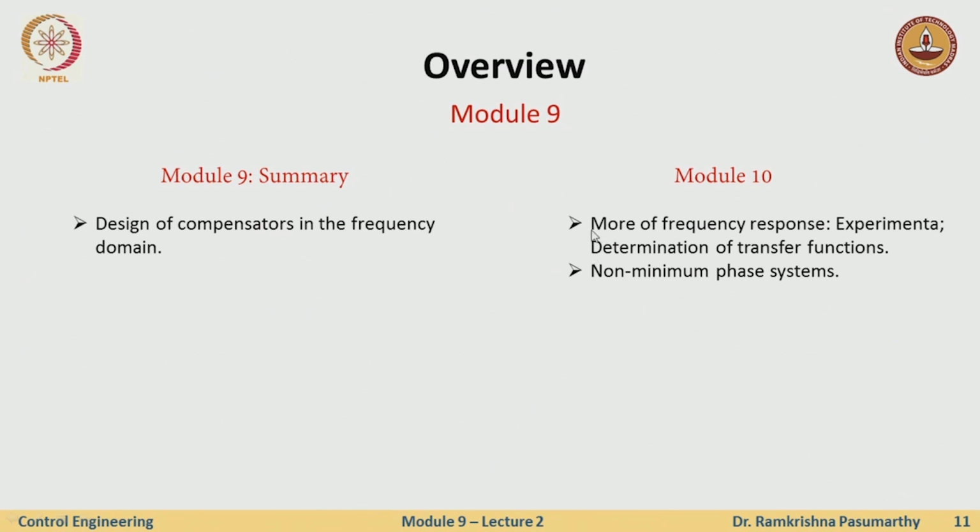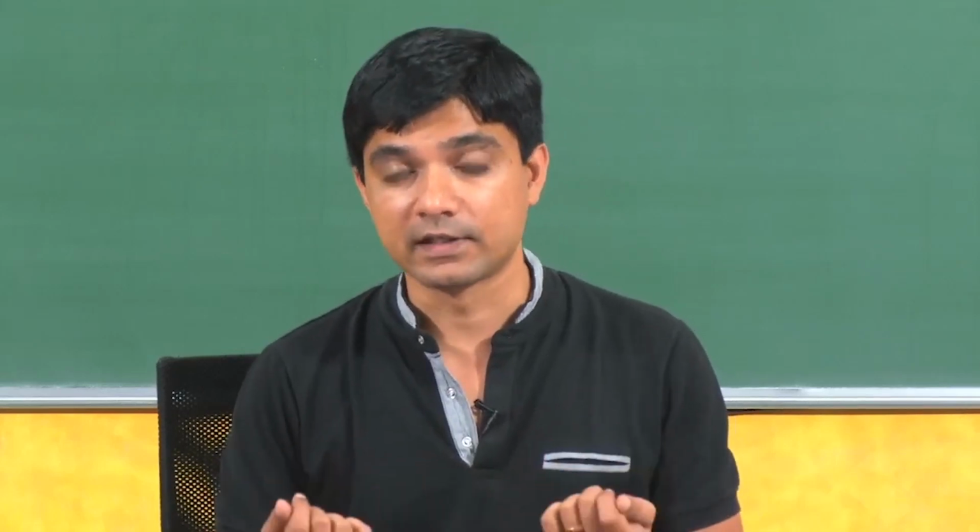The first is experimental determination of a transfer function. Given a system for which I have no physical model, meaning I cannot realize it in terms of any circuit or mechanical components, can I just look at its frequency response, generate a Bode plot and get the transfer function? We will do the latter part of it: given a Bode plot, can I generate a transfer function?